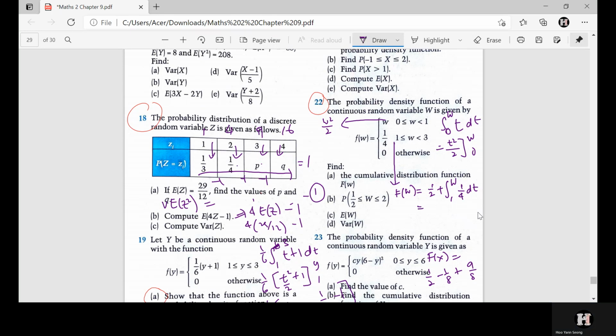So 1 over 2 plus 1 over 4 t, evaluated at w and 1. So 1 over 2 plus w over 4 minus 1 over 4. So actually this one is finally w over 4 plus 1 over 4.